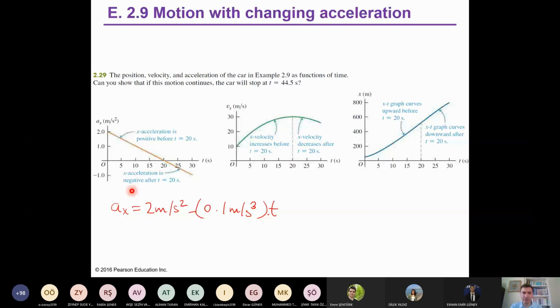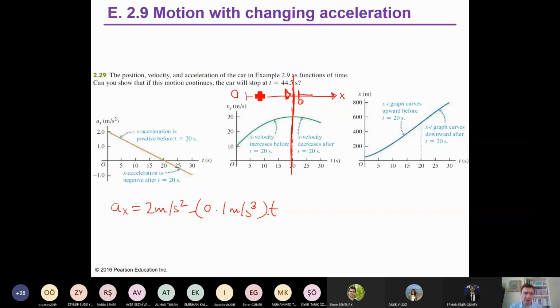After that time, acceleration is negative. Let me show you here: consider this is positive x, this is the origin, and for time 20 seconds, we have velocity in this direction, and also acceleration in this direction.